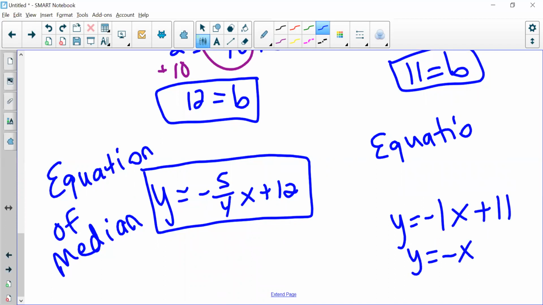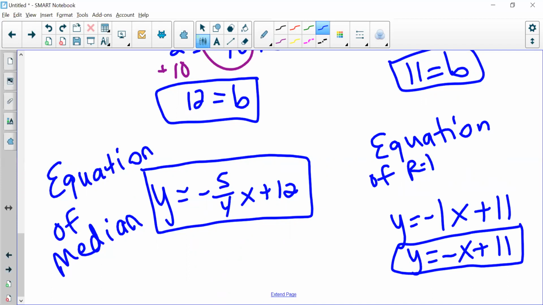So negative x plus 11. Fantastic. Questions? Okay, he has left on your sheet for you, guys, bisector practice.